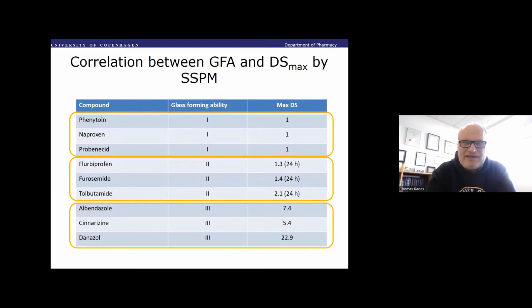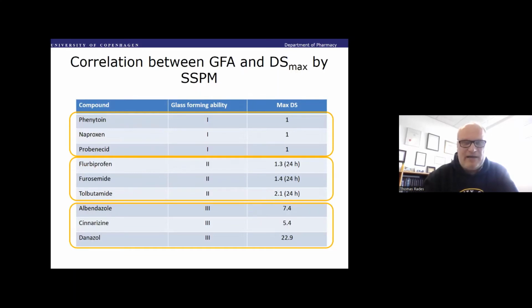Whereas if your drug is very easily amorphizable, it will also lead to a high maximal degree of supersaturation. So if you can make a drug amorphous easily, maybe with a low cooling rate or with short milling times, you have a reasonable expectation that the maximal degree of supersaturation you can achieve with that drug will also be high.